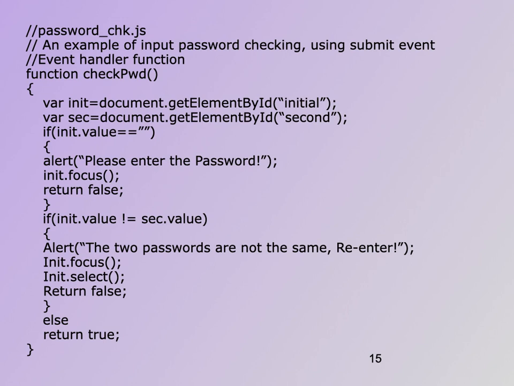So if the first given password and second given password are not matching, we get an alert message. After that, init.focus and init.select. So initial will get the focus and be selected, and you type the new password there, and that will be changed. The same way the second password also needs to be changed, or else return true, which means the case is successful. That is how it is working.